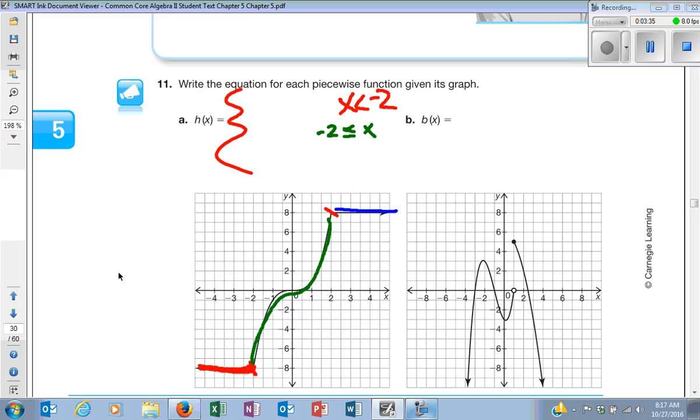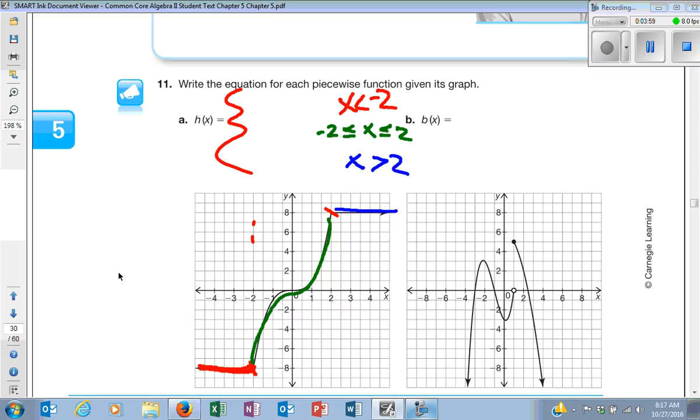Which is x is less than or what? Equal to 2. Now since we chose to put the equal to there, am I going to be including the 2 in the next one? So I'm going to say x is what? Greater than 2.